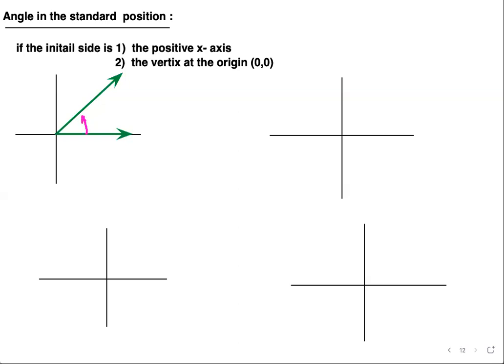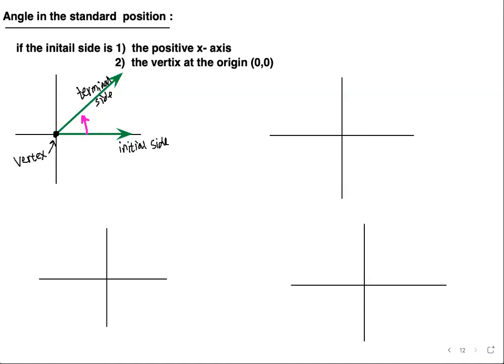The initial side is the positive x-axis, and the vertex is (0, 0). This is the vertex, and this is my initial side. This is my terminal side. And this is my angle.